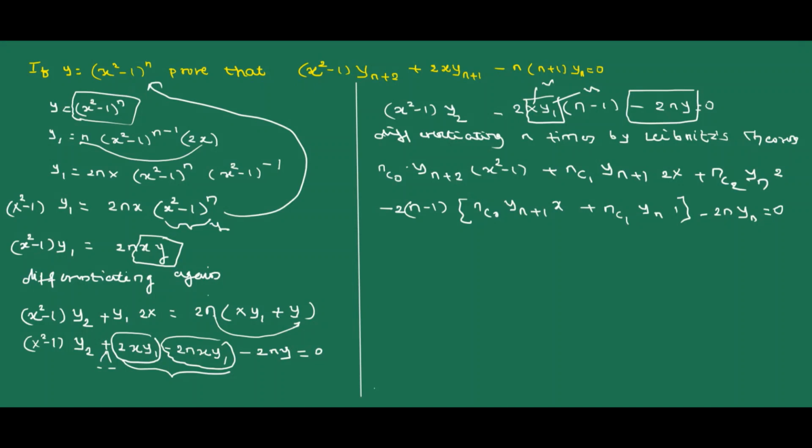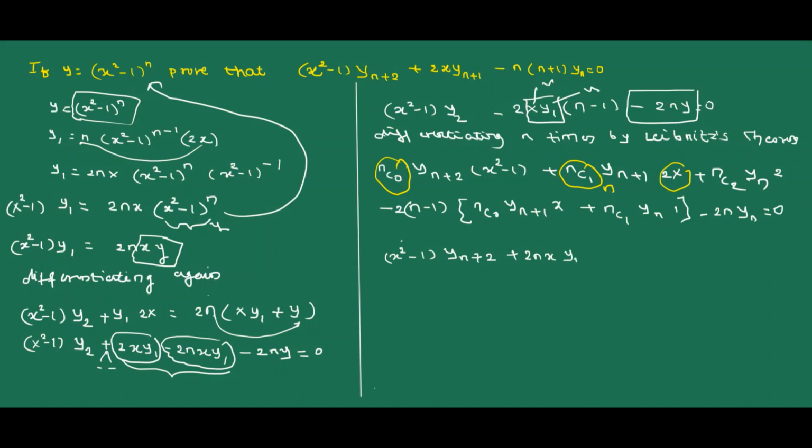Now substitute the values. nC0 value is 1. So we are left with (x squared minus 1) y_{n+2}. What is the value of nC1? nC1 value is n, and with this 2x, in total we can write plus 2nx.